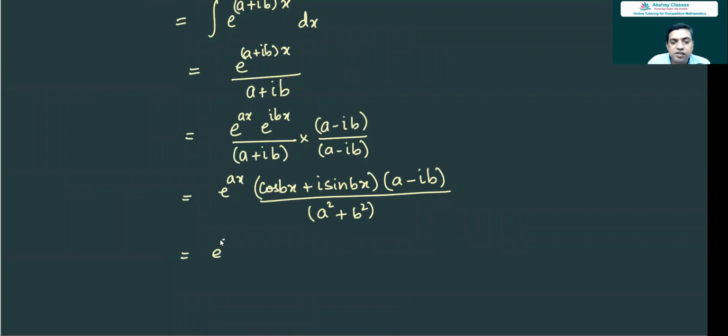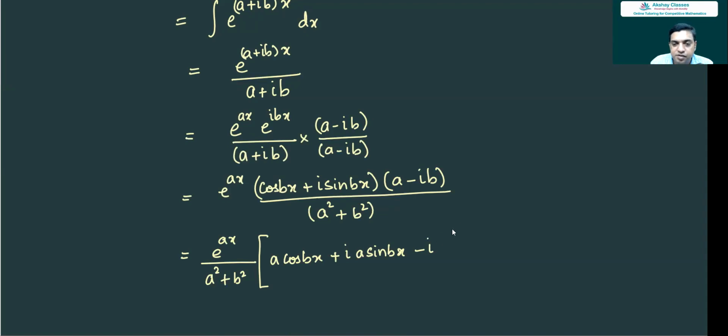So this is e power ax by a square plus b square times a cos bx, plus i times a sin bx, then minus i times b cos bx, and the product minus i square is plus 1.